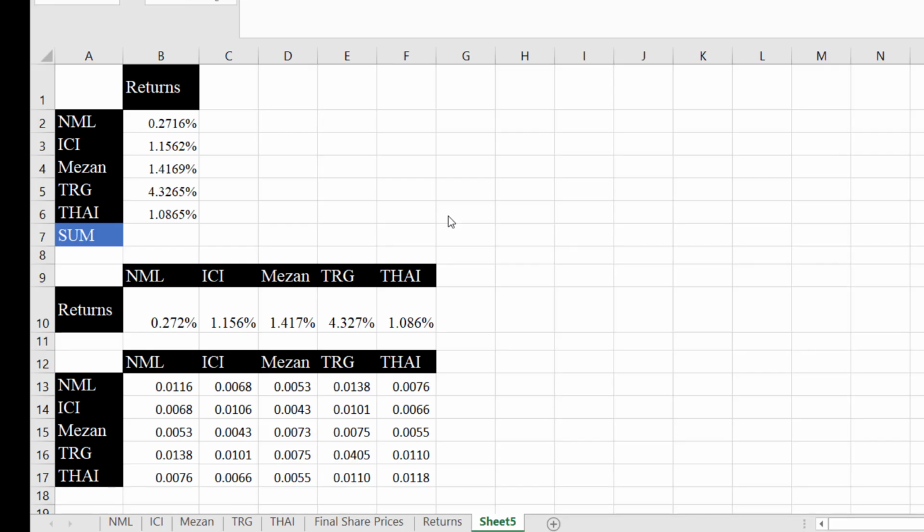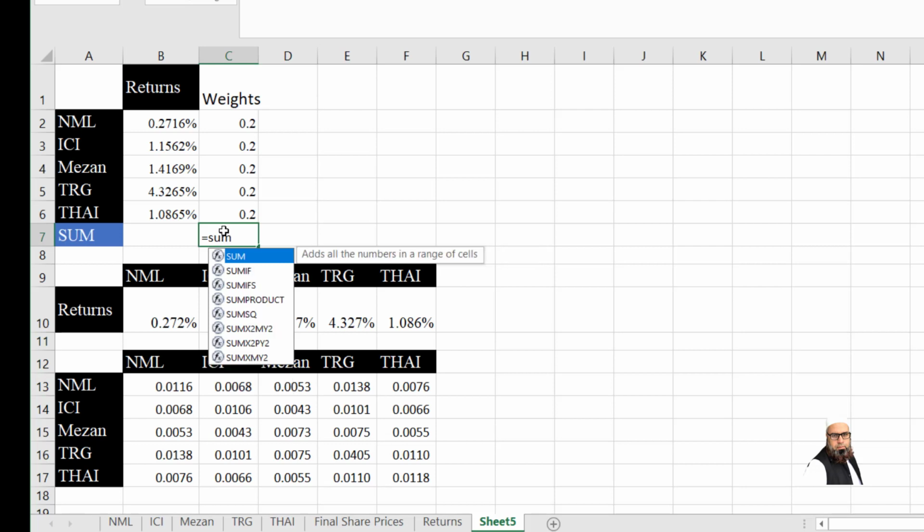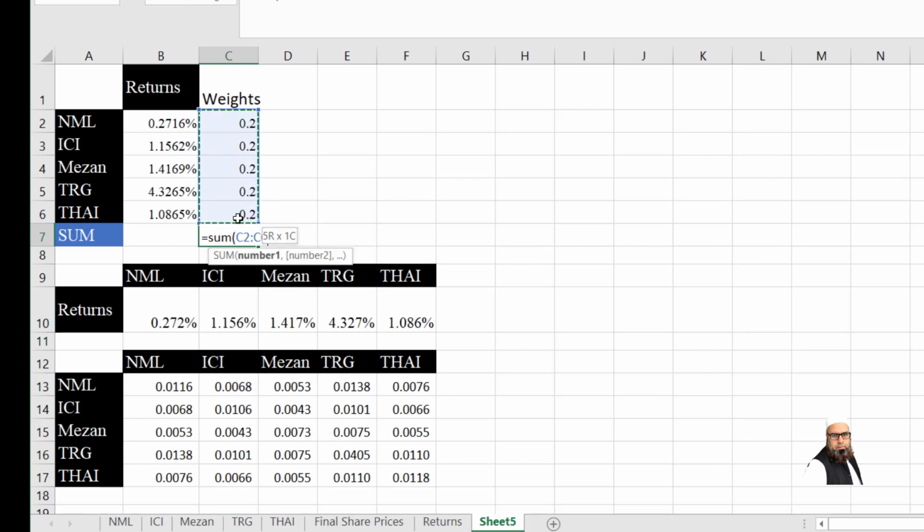This is the same sheet that we used in the first video, and I will write here weights and 0.2 weight in each security. And here I will write sum, and the sum of weights is equal to 1.